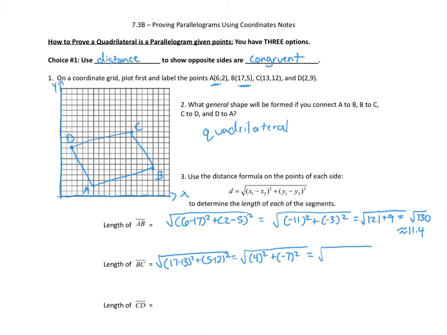Then 4 squared is 16 plus 7 squared is 49, which is the square root of 65, which gives me ultimately around 8.1.